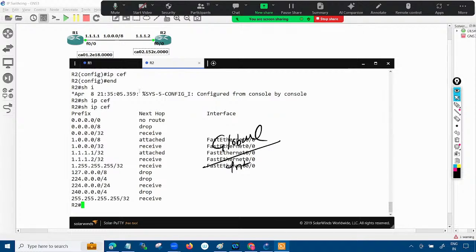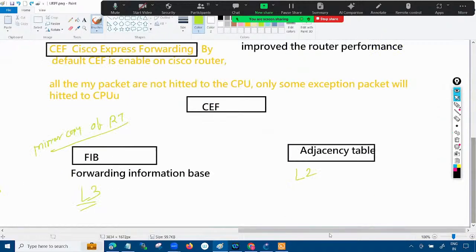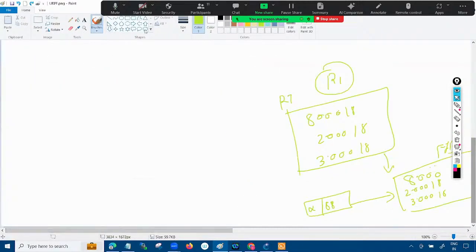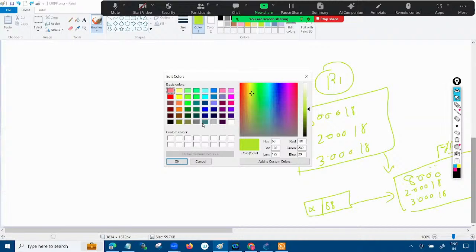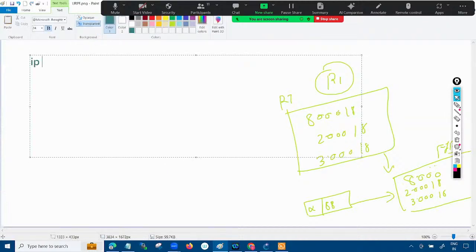But there is a problem. What is the problem? The common problem of all these switching mechanisms that we have seen now: first the process switch, then fast switching, then CEF.